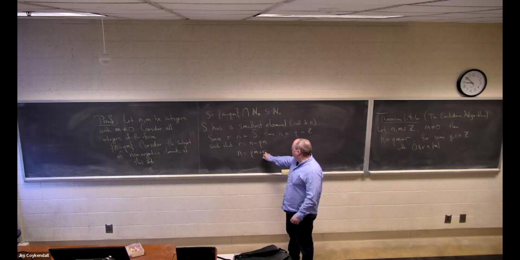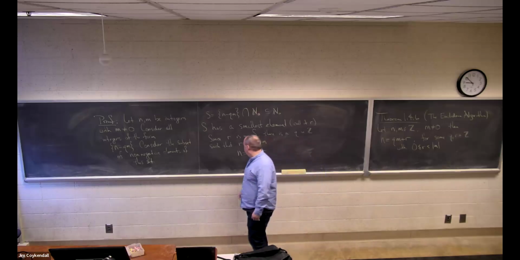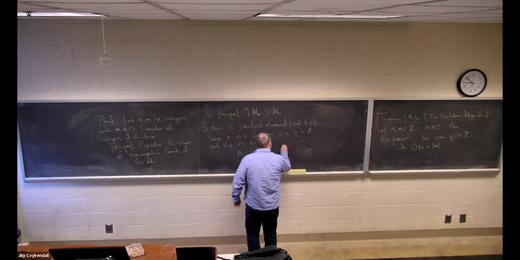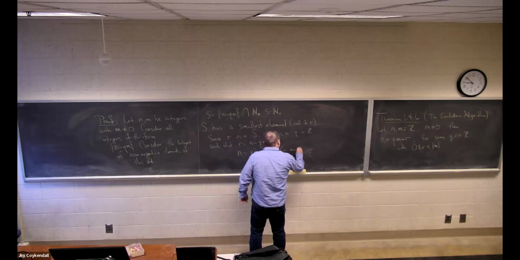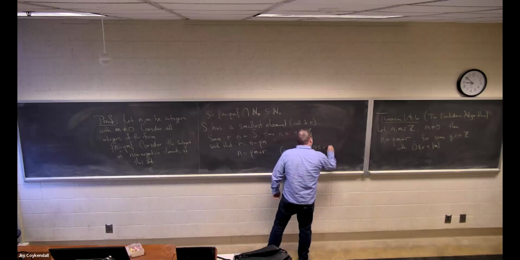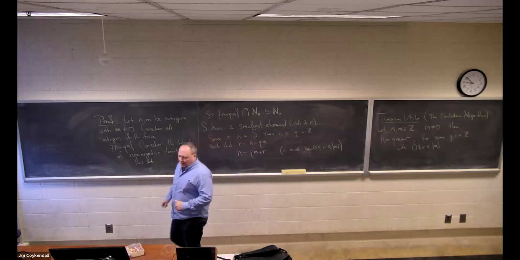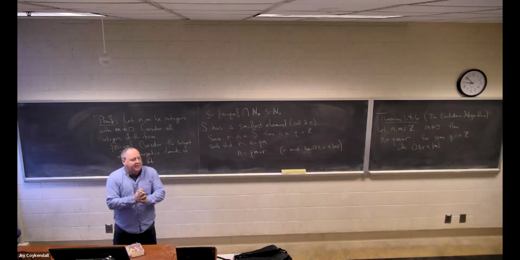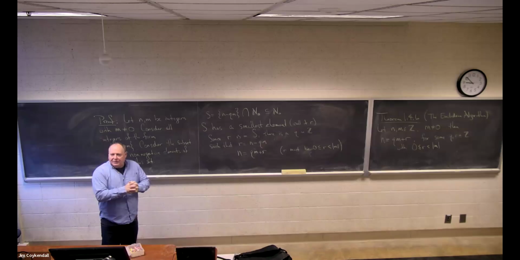I'll let you think about this and we'll go over that in detail next time. Think about that, and I'll make sure that that's on solid ground next time. Any questions?